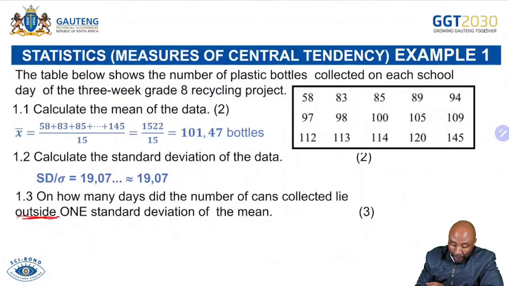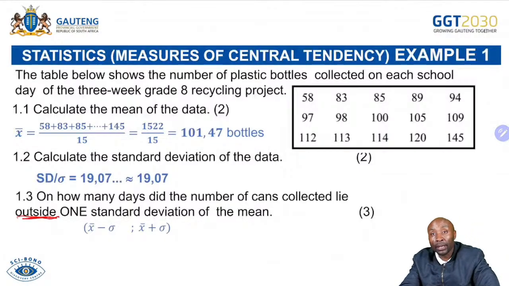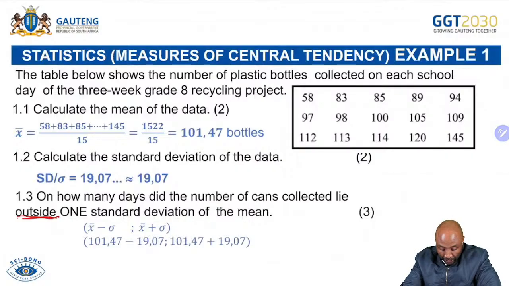Remember our formula: x bar minus standard deviation, and x bar plus standard deviation. This gave us a lower limit of 82.4, and our upper limit is 120.54.